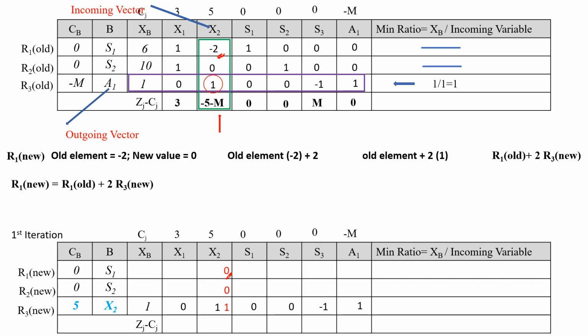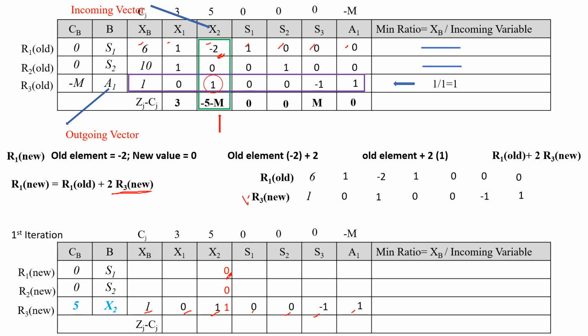First write down the R1 old elements: 6, 1, minus 2, 1, 0, 0, 0. Similarly write down the R3 new elements: 1, 0, 1, 0, 0, minus 1, minus 1. But we have to do R1 old plus 2 R3 new.